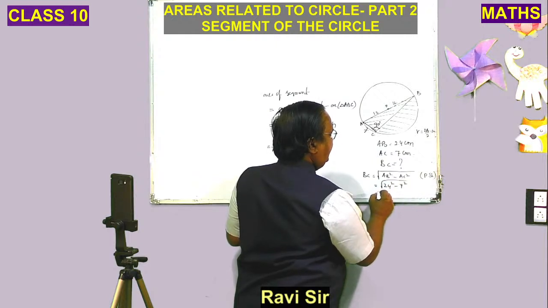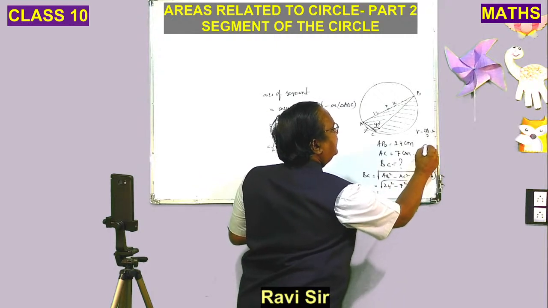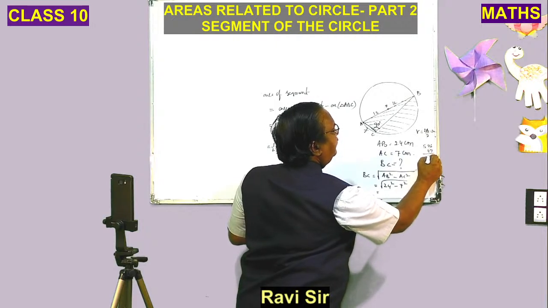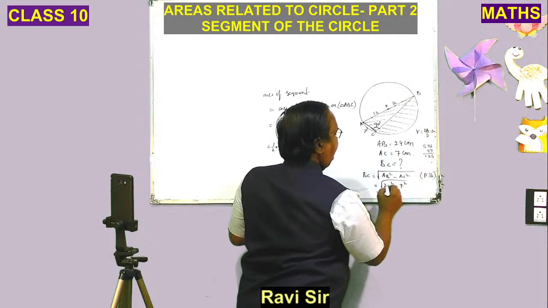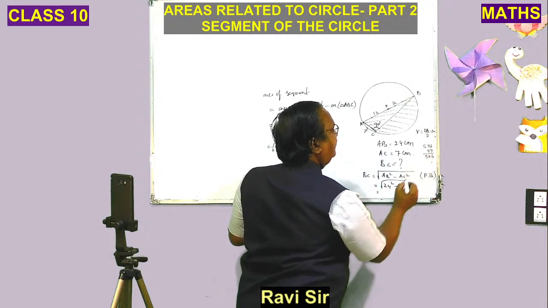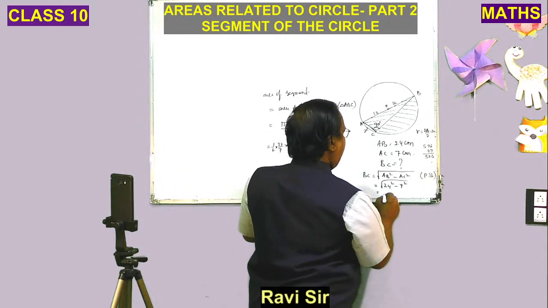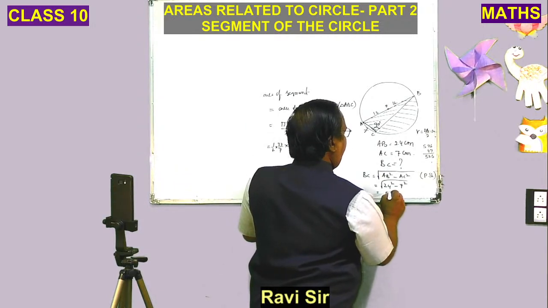So 576 minus 49, 525. Okay, is equal to 525.